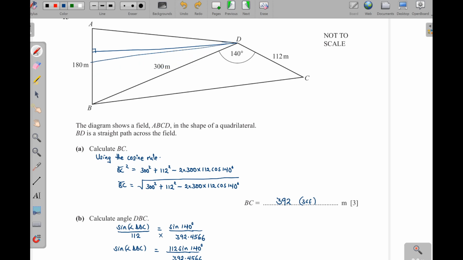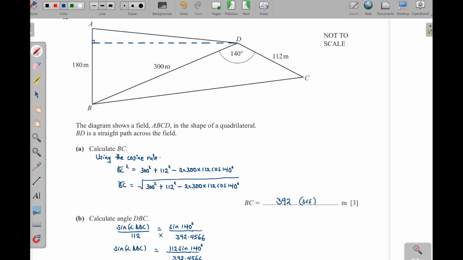Okay, so that length has to be perpendicular to AB. So I'll do something like that, but I'll make this one dotted because it wasn't given in the diagram.